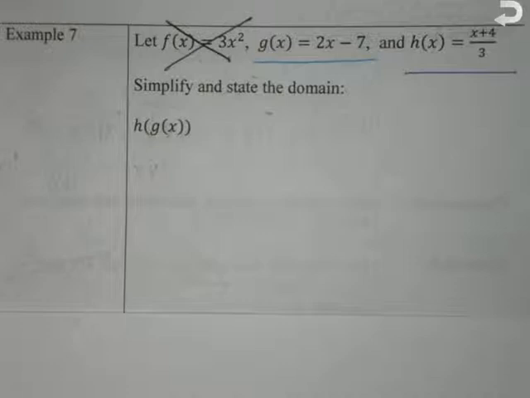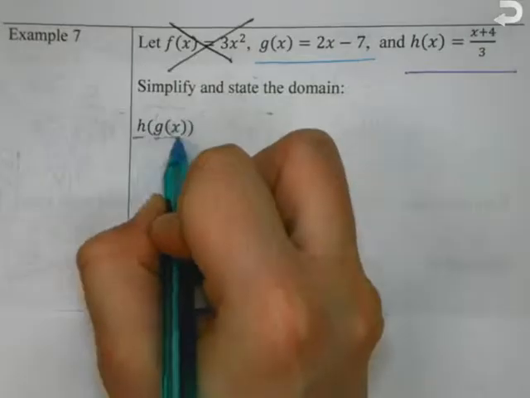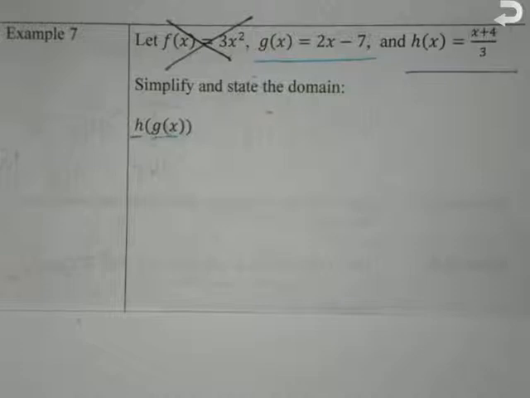And I want you to find h of g of x. What is different about this composition from the previous one? There's not a number in there. It's a variable, so what are we going to do?